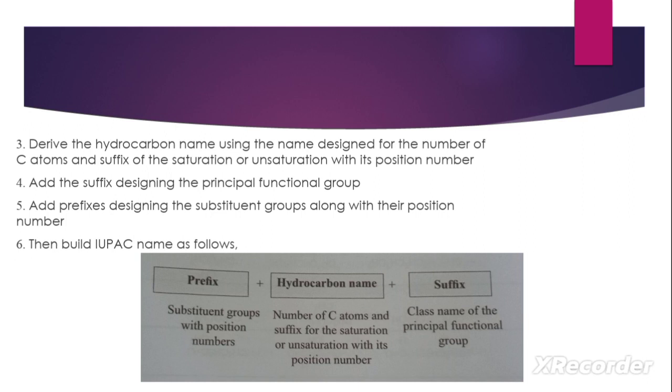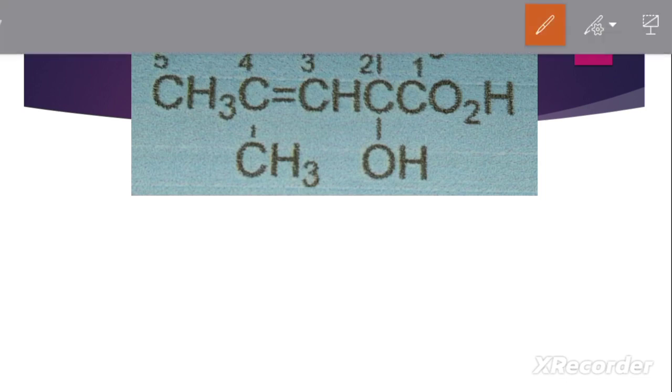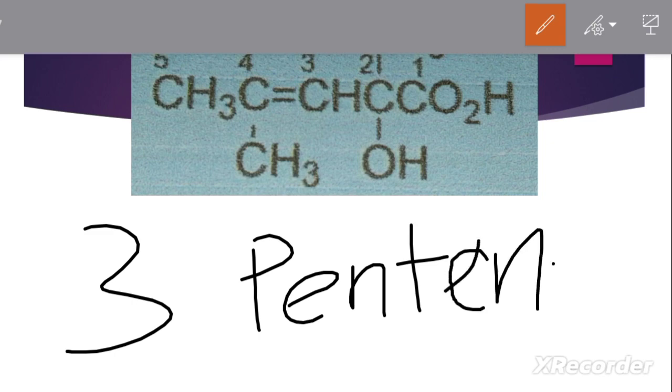Then the next step is to derive the hydrocarbon name using the name designed for the number of carbon atoms and the suffix of saturation or unsaturation with its position number. So here 5 carbons are there in the longest hydrocarbon chain. So it is pent. And there is a double bond in which carbon? Third carbon. So that is 3-ene, a pentene, right?